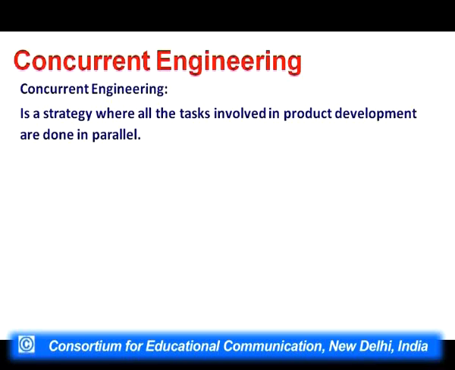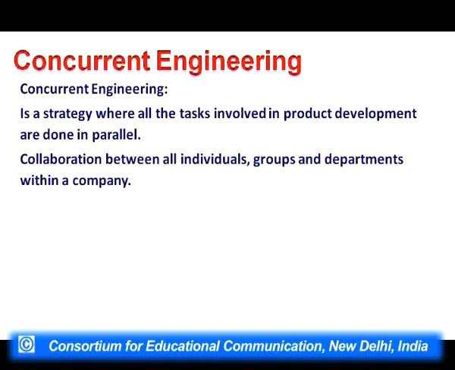We don't wait for one function to complete its part of the job before it goes to the next functional area; all the functional areas work together and simultaneously come up with a new product and its design.